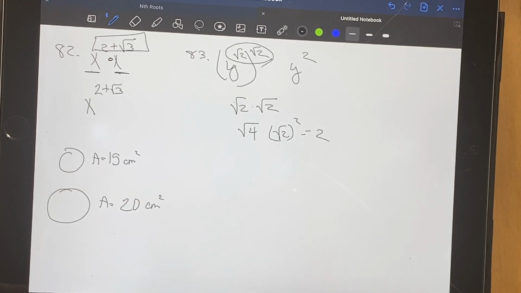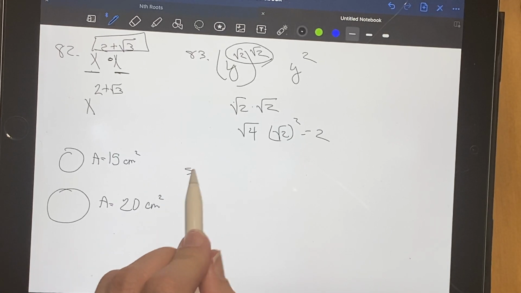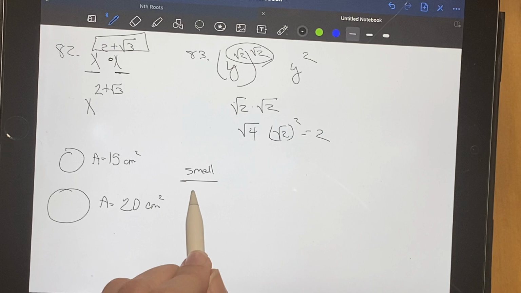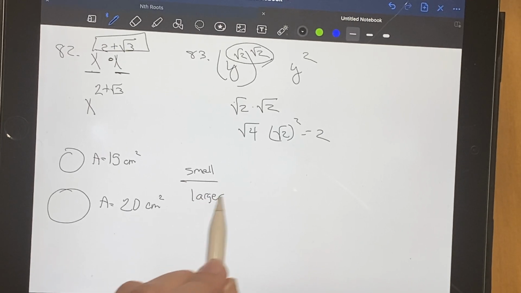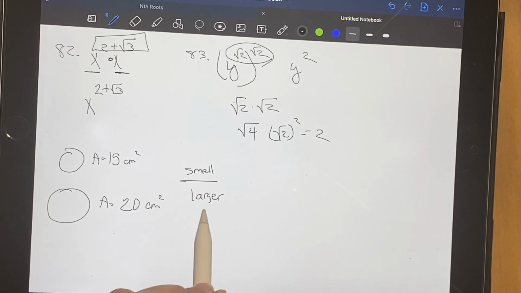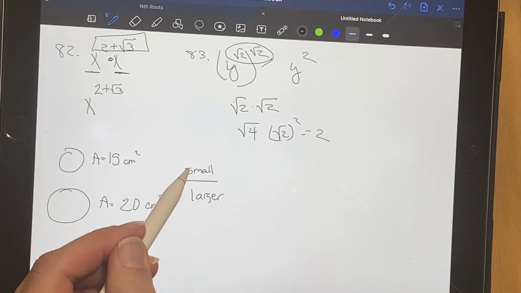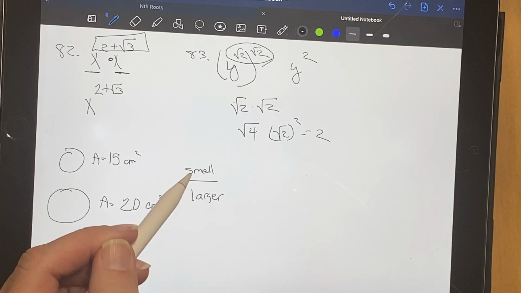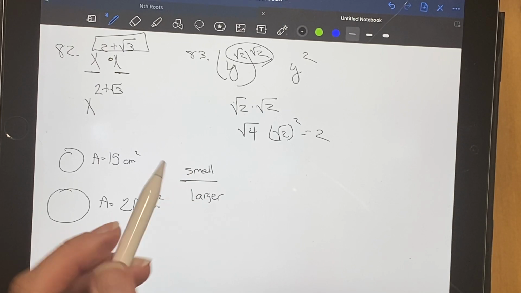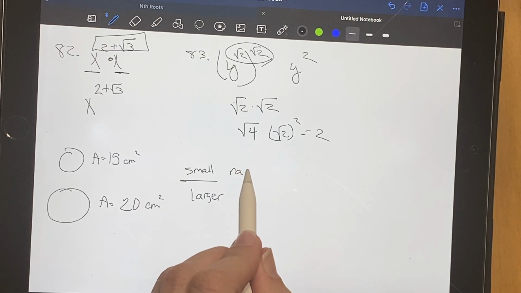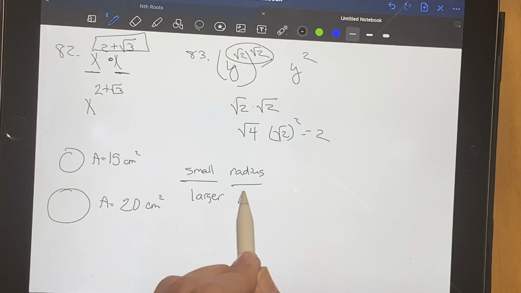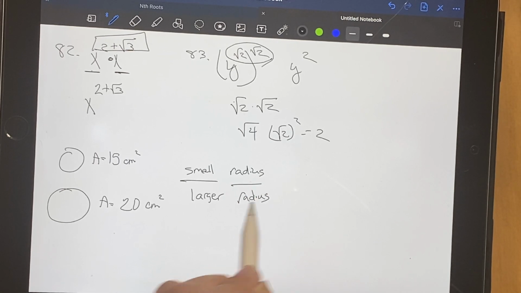It says find the ratio of the radius of the smaller to the larger. Okay, so when they write it like that, it goes in order. Ratio of whatever they say first goes on top, whatever they say second goes on the bottom. So the smaller to the larger, and they want it in radius. So we need to figure out how to get radiuses in this.